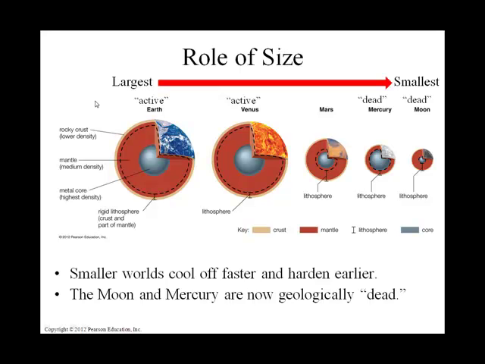Venus is, we believe, geologically active because of its size. Venus is warm enough that it hasn't cooled down yet to harden. Mars, the jury is still out, as far as I know. I did a little bit of research just online, and I could not find a clear-cut answer whether Mars has some liquid part to its mantle still.